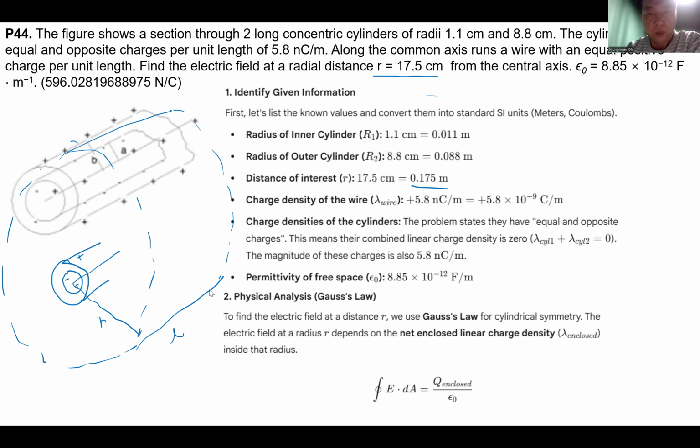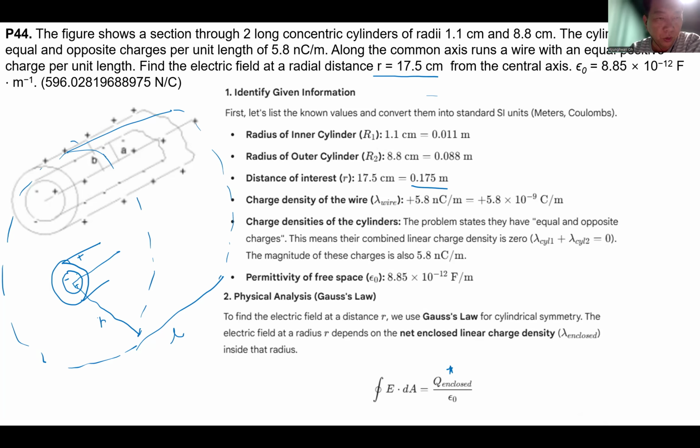What you have to count is the enclosed charge. In this case, the enclosed charge includes the positive charge outside, the negative charge inside, and the wire at the center. But note that the positive charge outside cancels out with the negative charge inside.